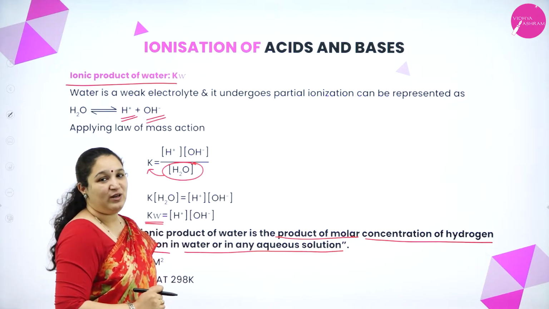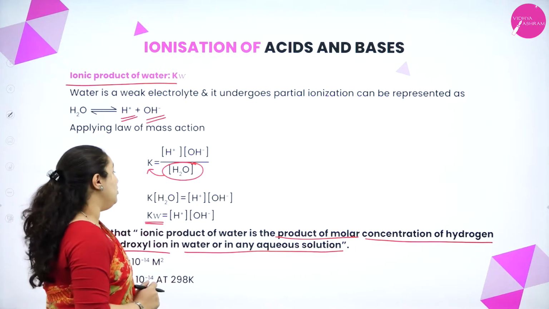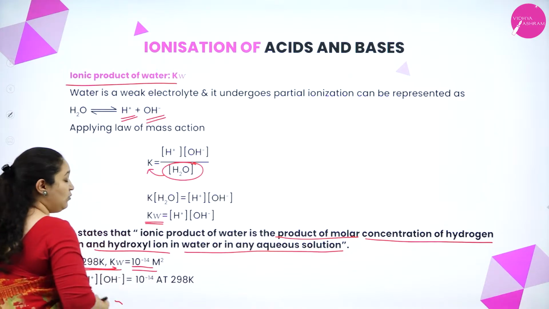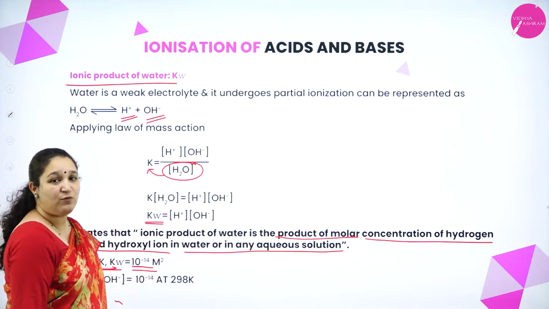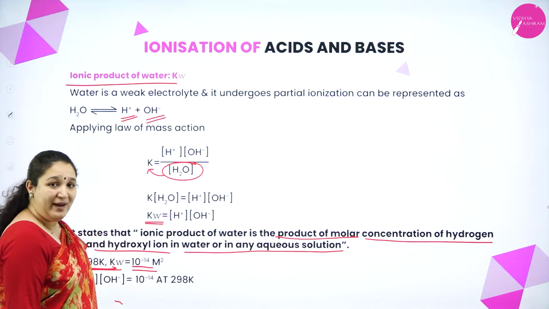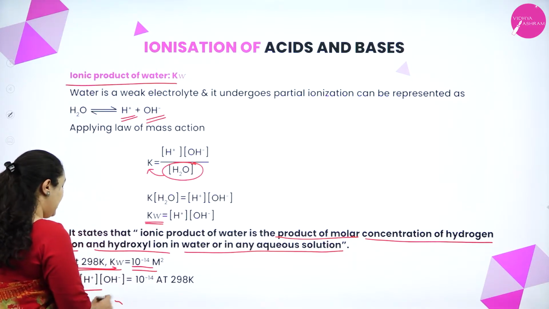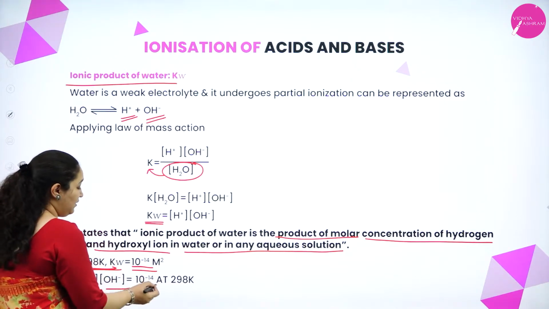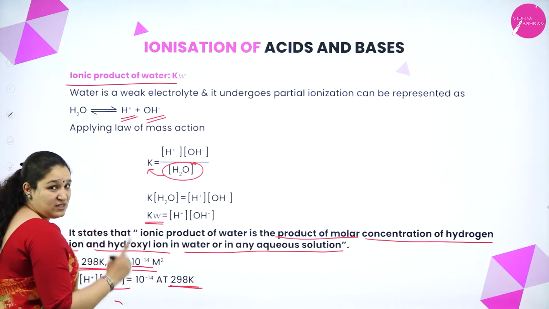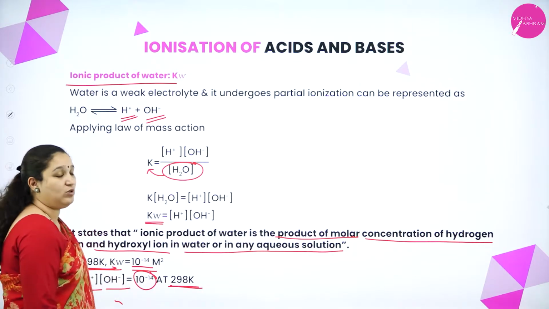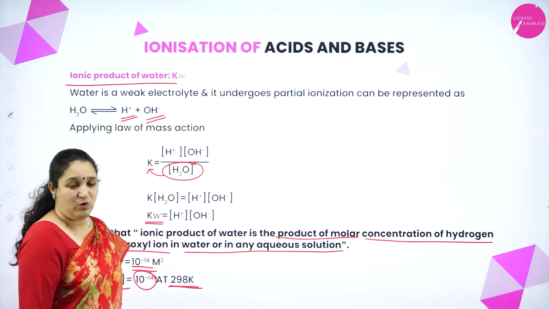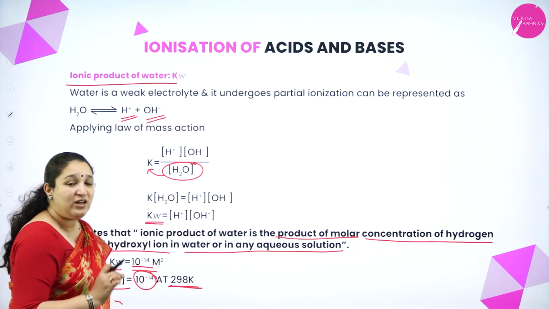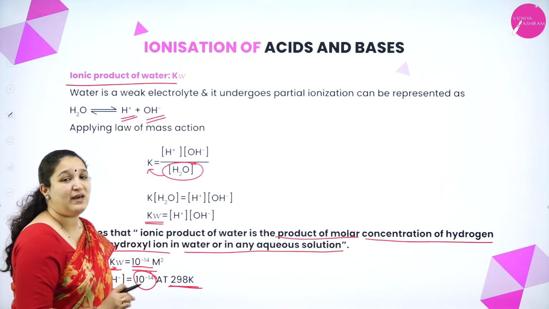So, ionic product of water at 298 Kelvin is equal to 10 to the power minus 14 molar square, or I can also write as H plus ion into OH minus ion, that is the molar concentration. If I multiply, at 298 Kelvin only, at this particular temperature, it is equal to 10 to the power minus 14. This is how it is calculated, and it's a standard value at 298 Kelvin. Ionic product of water is equal to 10 to the power minus 14.